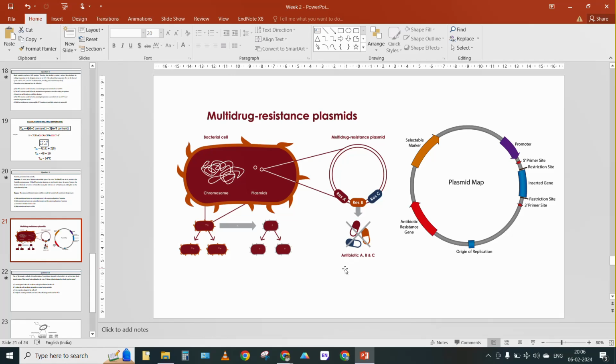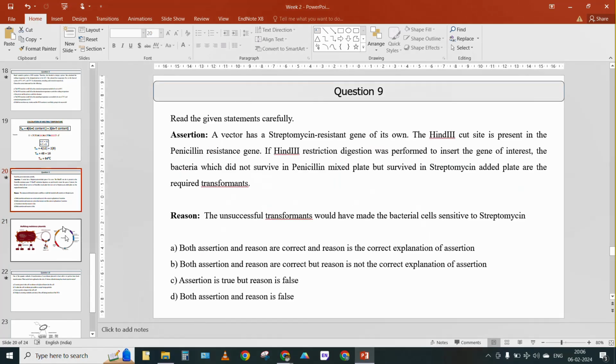So here in this scenario, we have the streptomycin resistant gene, and the HindIII cut site is located in the penicillin resistant gene. After the insertion of the gene of interest, bacteria are plated on two different types of plates, one containing penicillin and the other containing streptomycin. The rationale for these statements is, first, the HindIII digestion cuts the vector at its recognition site, which happens to be within the penicillin resistant gene, and this cleavage creates a gap in the penicillin resistant gene.